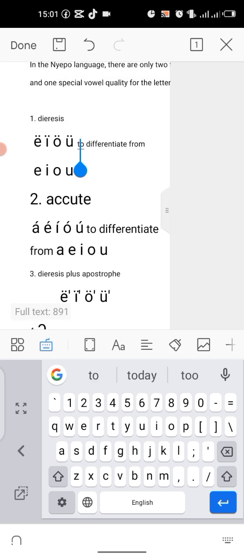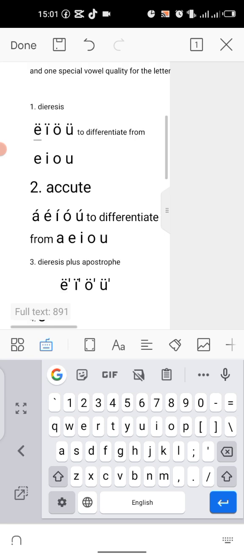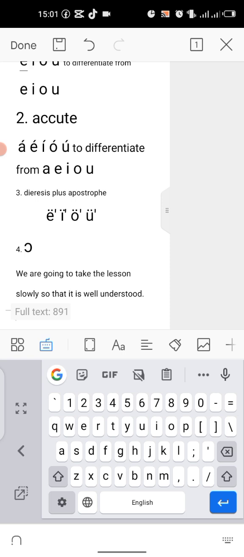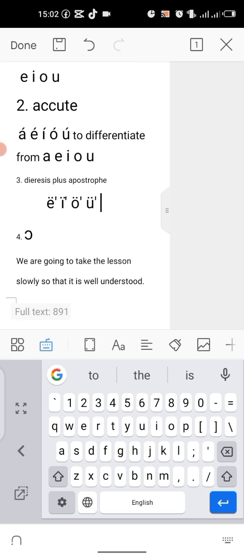The first one here, this is the diaresis. The letters are A, I, E, and U, to differentiate from E, I, O. Our third mark is the diaresis plus the apostrophe.